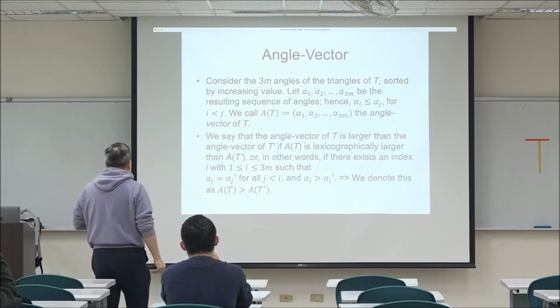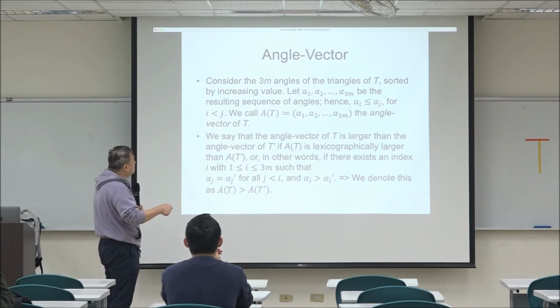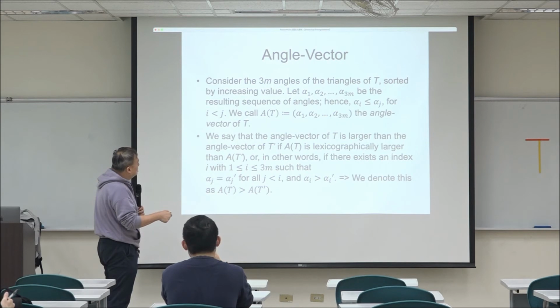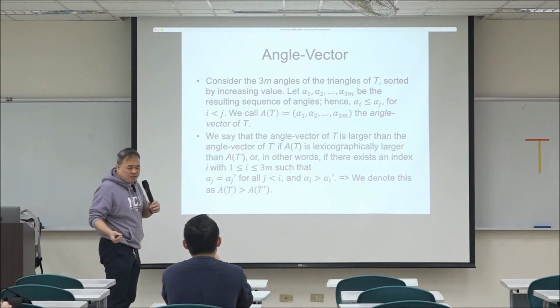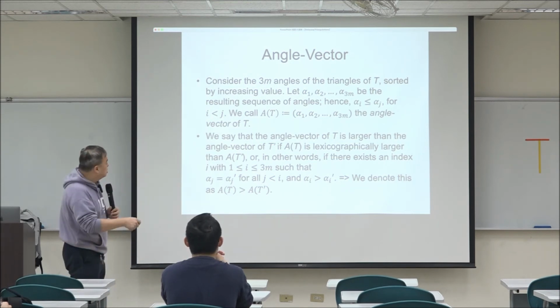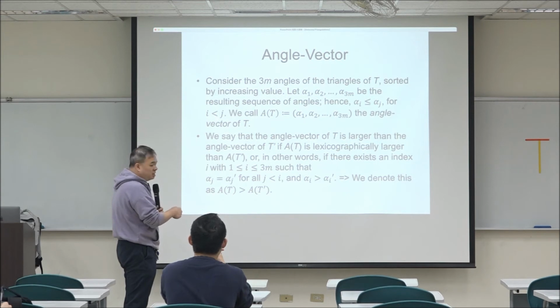We can list all those angles in increasing order, and we say they are alpha 1, alpha 2, and so on, to alpha 3m, because we have 3m angles. Obviously, because it is in increasing order, alpha i will be smaller than or equal to alpha j as long as i is smaller than j, right?